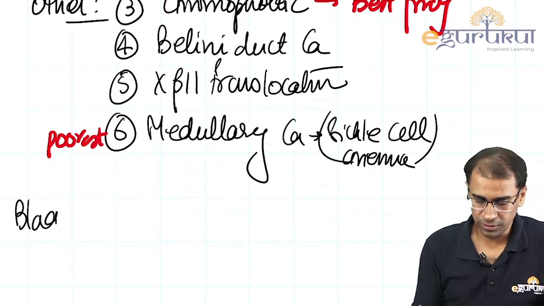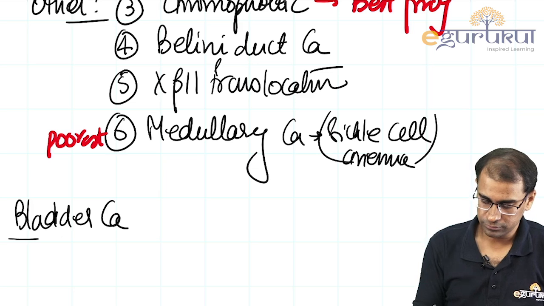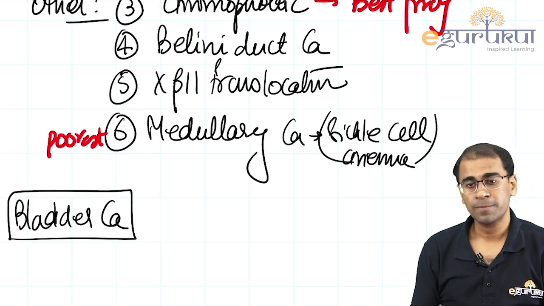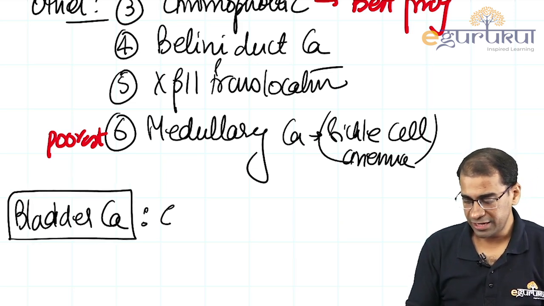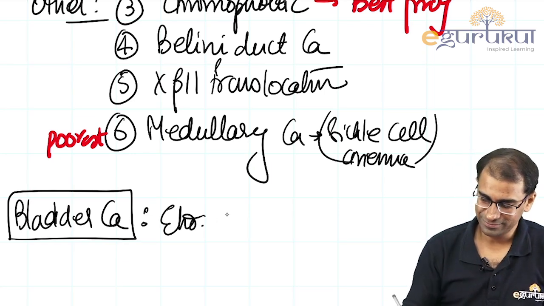Among the bladder carcinomas, again, the most common etiology is smoking.